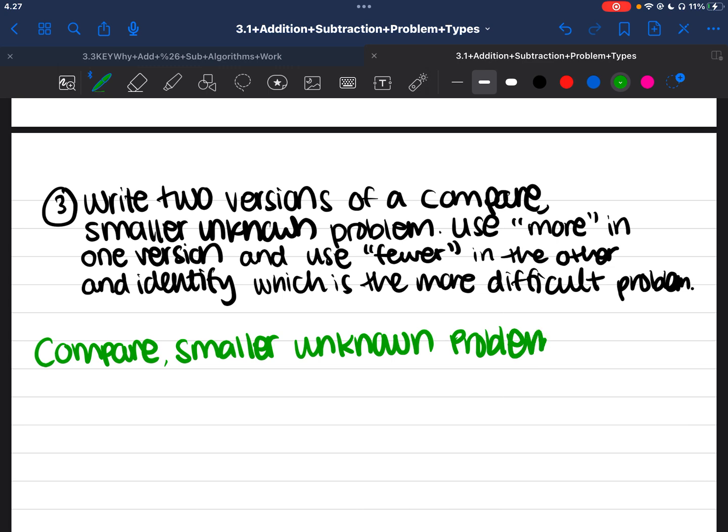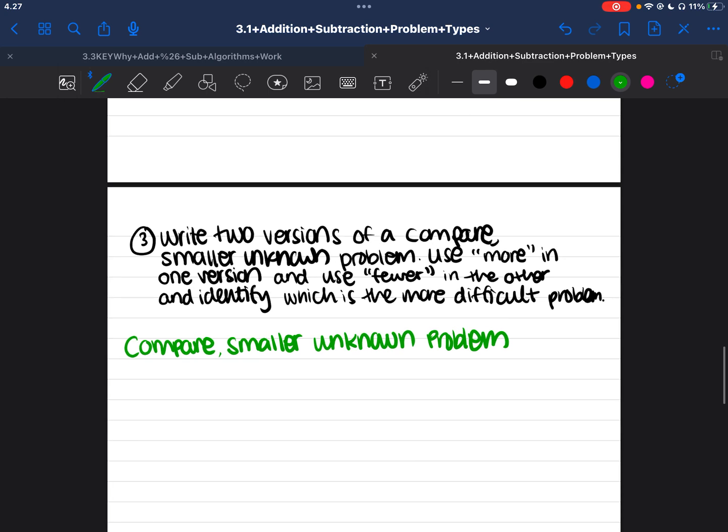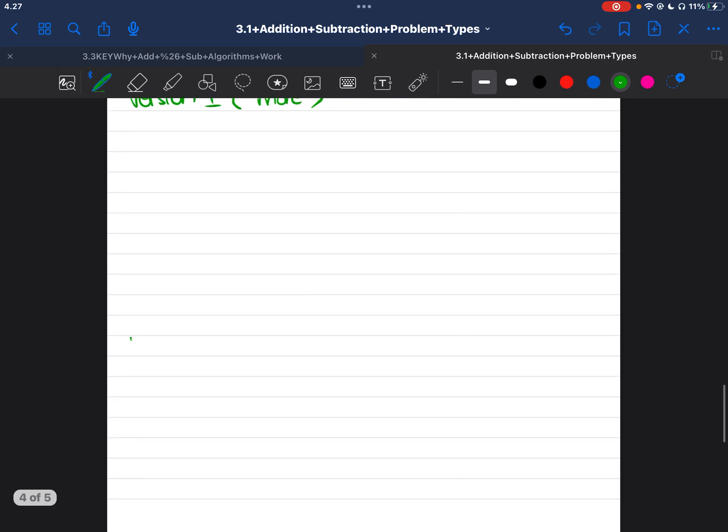But I'm asking you to do 2 versions, where in version 1 you will use the word more, and then in version 2 you will use the word fewer. Are y'all ready?